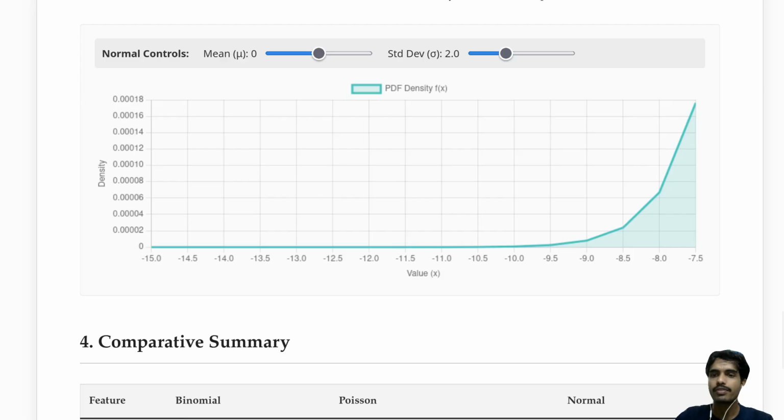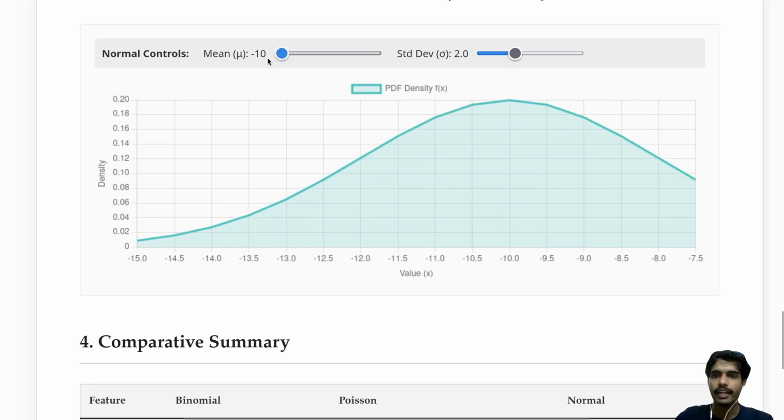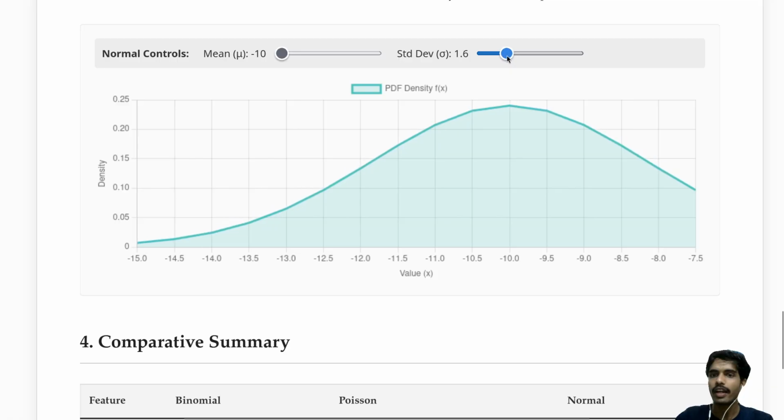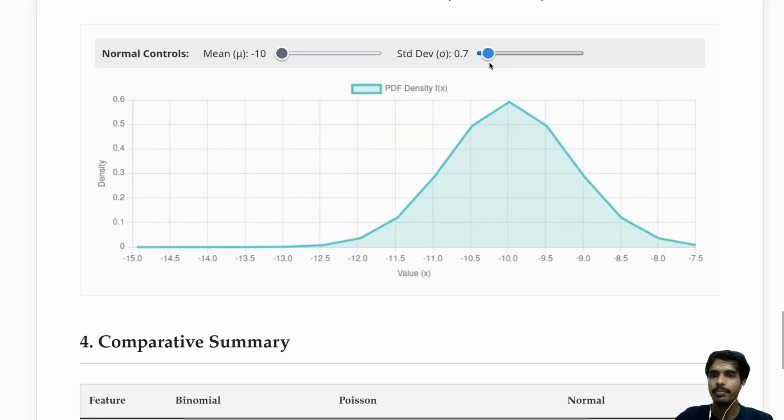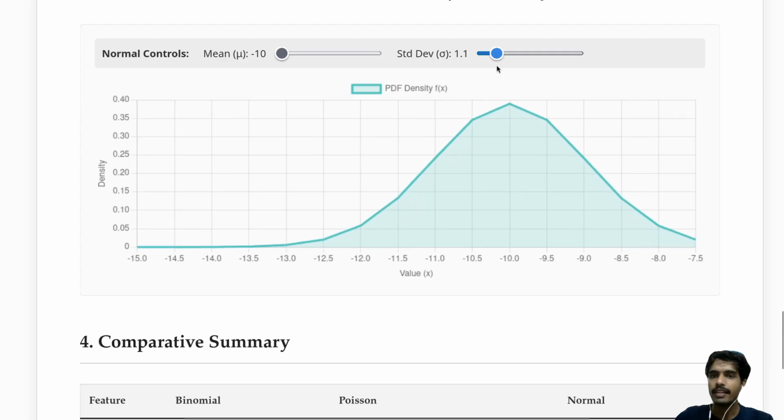If we look at the visualization area, if I keep the mean in negative terms and reduce the standard deviation a bit, you can see we are getting a bell curve.